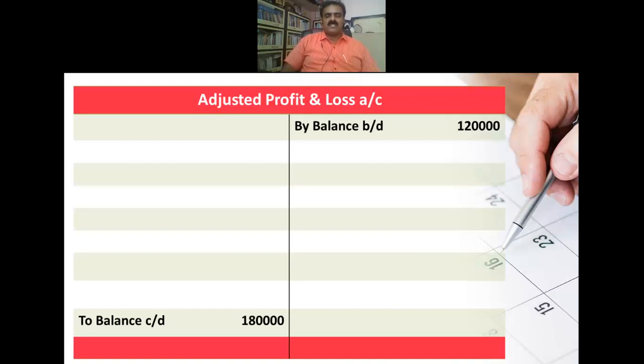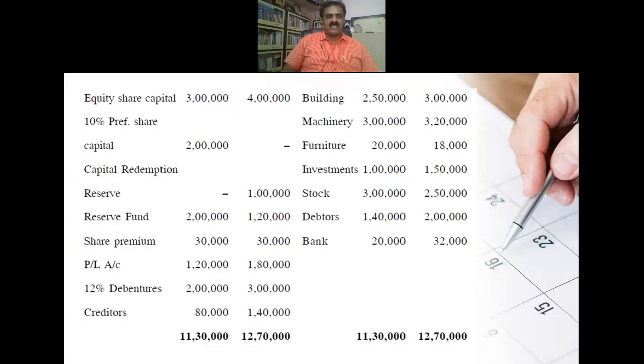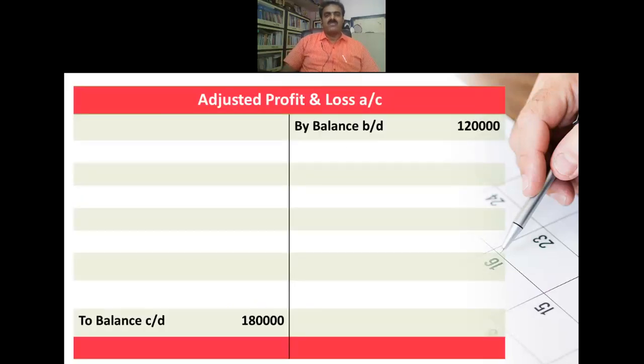To prepare this, take the opening balance of the profit and loss account. The balance is given in the balance sheet on the liability side, profit and loss account as 1,20,000 and 1,80,000. So the opening balance is 1,20,000 and the closing balance is 1,80,000 rupees.